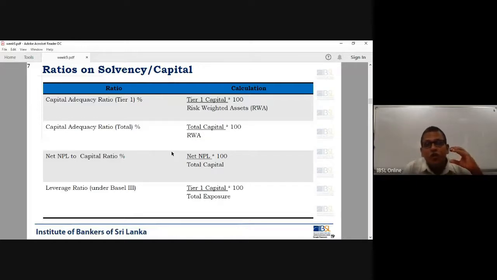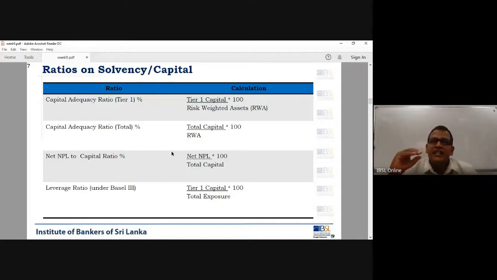The total capital of the bank can be divided into two sections, according to the Basel Accord or Basel Standard. One is tier 1 capital, the other is tier 2 capital.